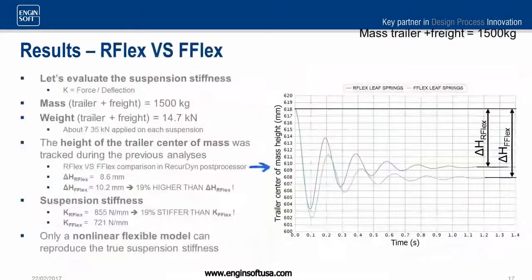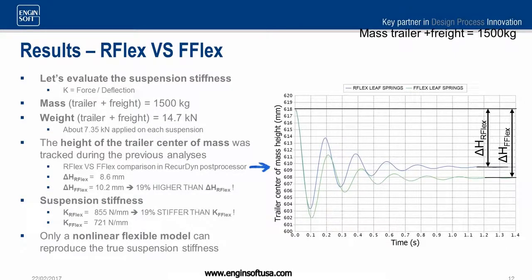Just to have a comparison between the two applied methods and to understand deeply what has changed between the two model versions, let's analyze the suspension vertical stiffness in the two model versions. This is a good way to compare the reduced flex and the full flex methods.